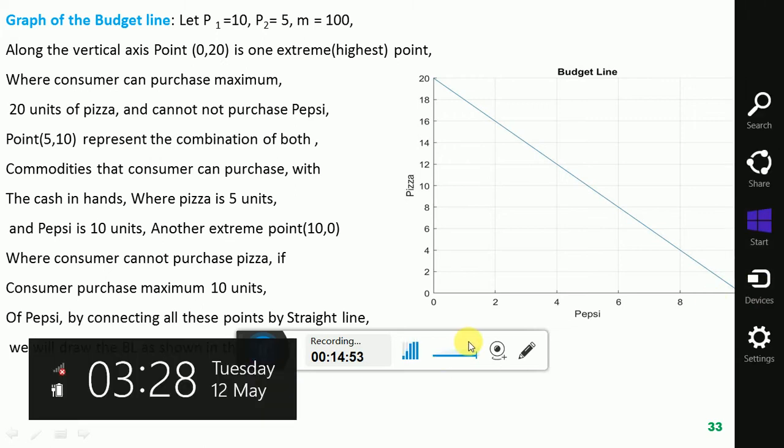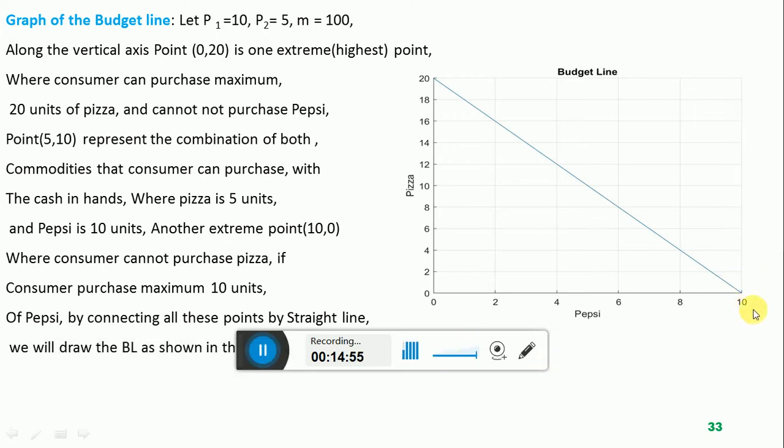When we connect these two extreme points by a straight line, we draw the budget line, the price line, which tells us that above this budget line, in this area, the consumer cannot purchase. On the line or below the line, the consumer can purchase.